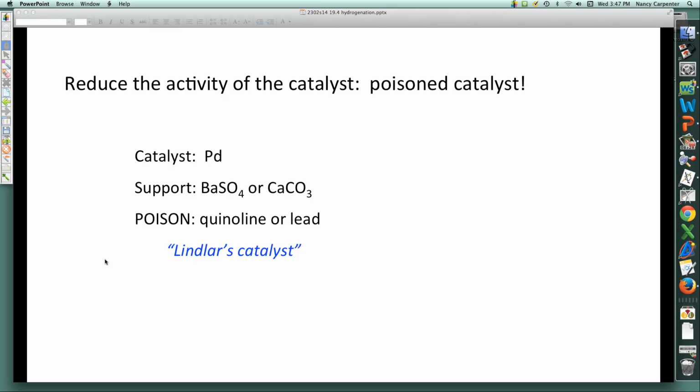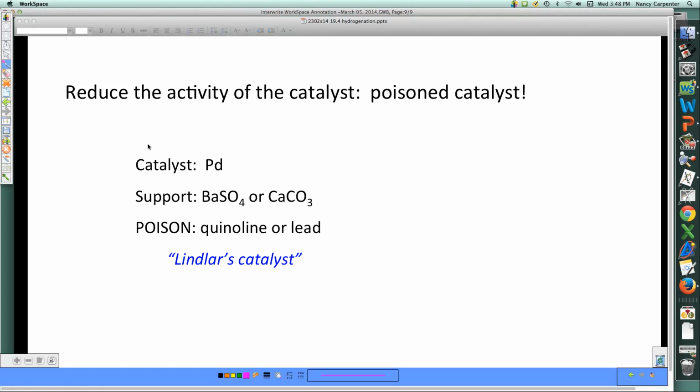Breaking down the structure of your catalyst again, the whole piece consists of the active metal, palladium, the cheapy support upon which it's evaporated onto, and then the poison is typically quinoline.